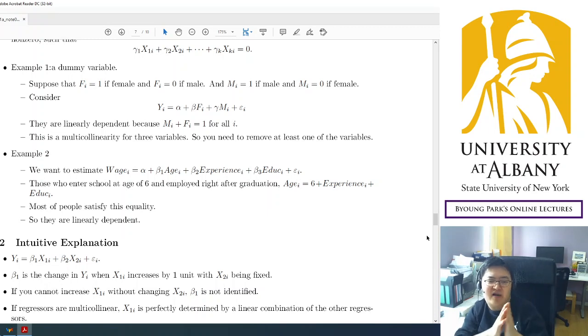And the following 10-something years, you have been in school, and the remainder is your work experience, right? If you had no delay in education and getting a job. So this equation is true: age equals 6 plus experience plus education.